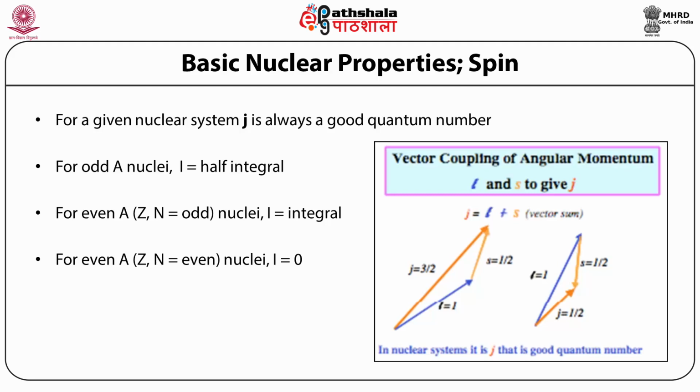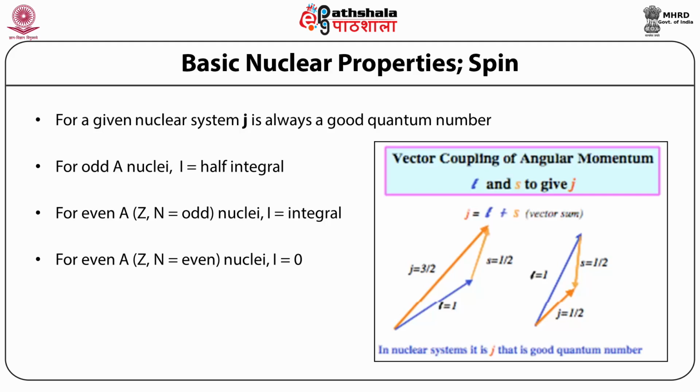Since protons are charged particles in motion, they will have their own angular momentum within the nucleus, which is called the orbital angular momentum. Similarly, neutrons are also in motion, so they will have their own orbital angular momentum. Protons and neutrons are also fermionic particles, so they are tagged with some intrinsic spin.